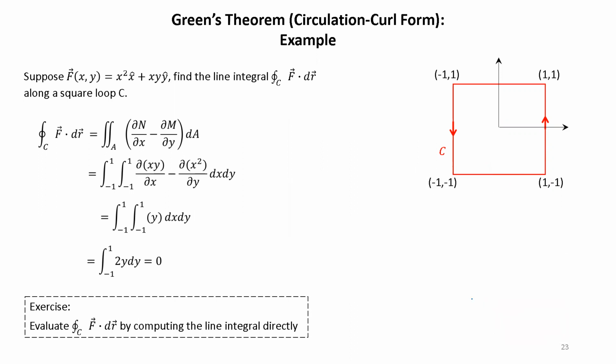So now let me take this example and say, what if I want to consider the line integral around this triangular path? Basically cutting the square in half, I have this lower half triangle. Let me call this C prime.